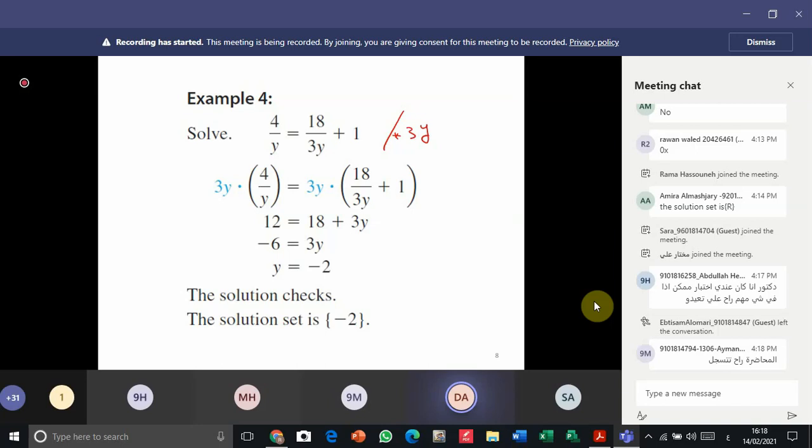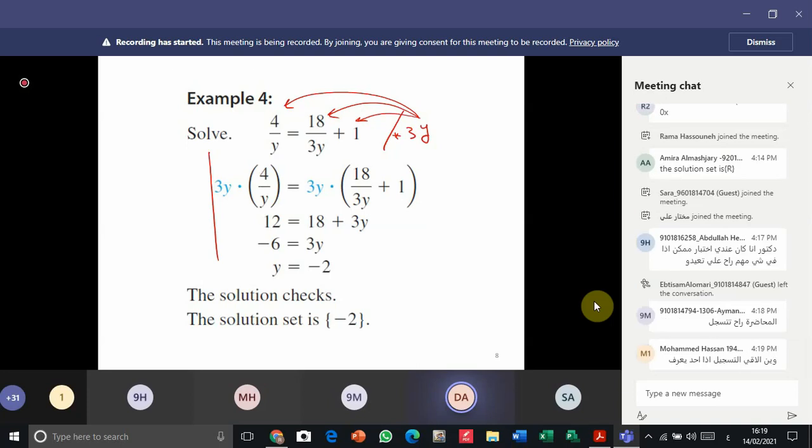What does the equation become? The equation becomes: multiply 3y with each term. So we have 4 over y multiplied by 3y equals 18 over 3y multiplied by 3y, plus 1 multiplied by 3y.